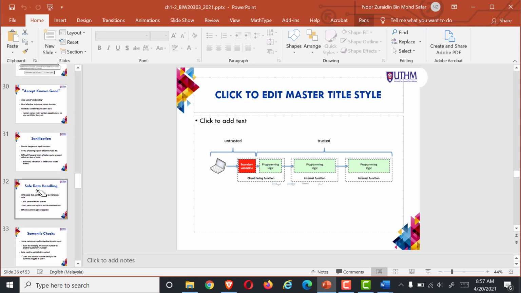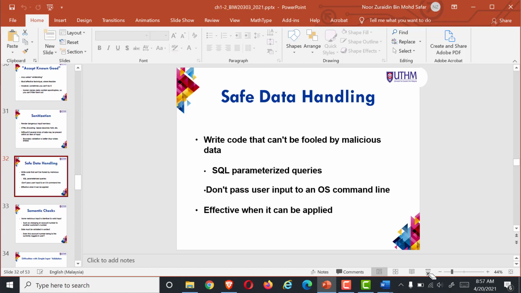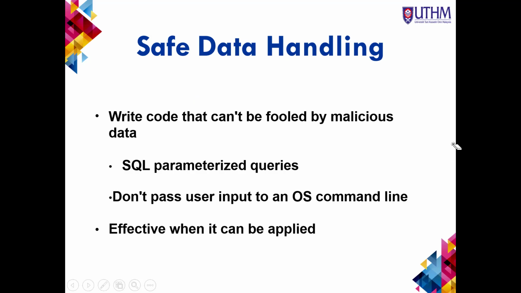Instead of normal data, we use parameters to handle the queries. And do not pass user input to the OS command line. All of this is effective when it can be applied.